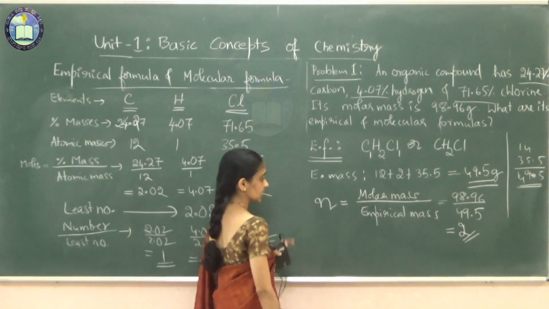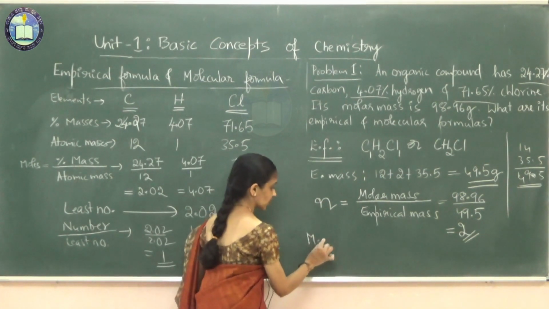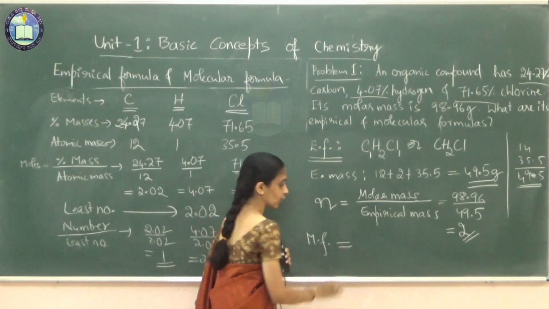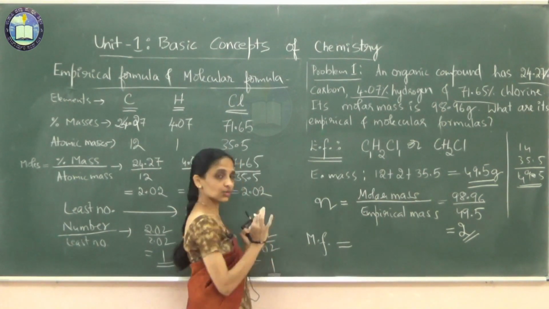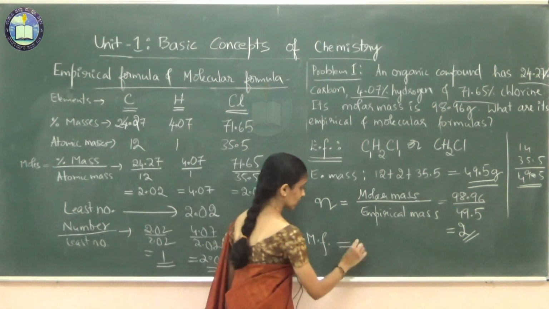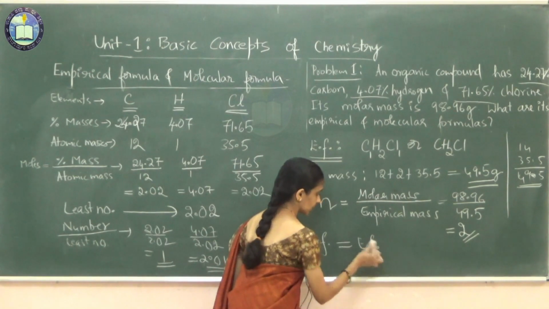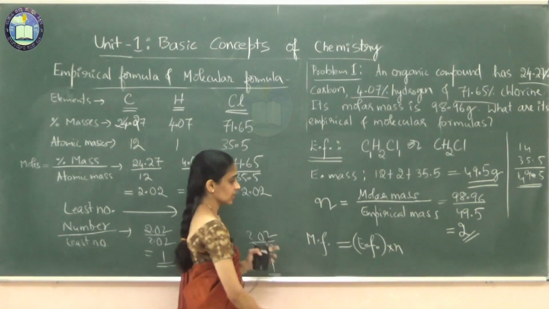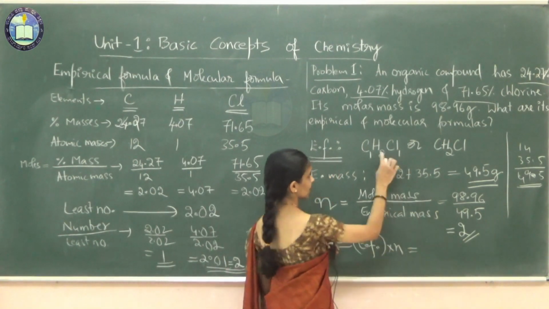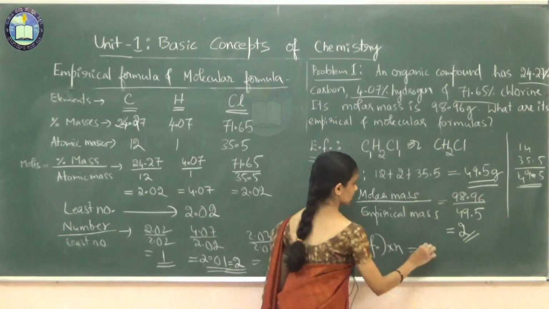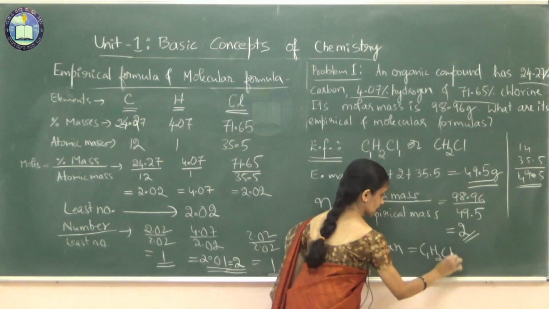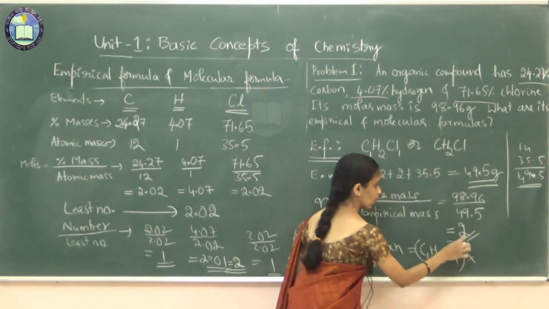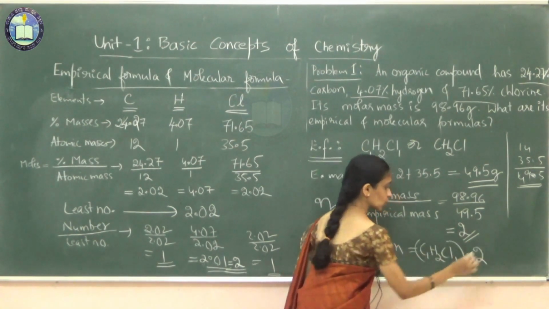Once you get n, then you can find out the molecular formula. How to do it? Molecular formula is equal to empirical formula into n. Empirical formula is here, C1H2Cl1, and the value of n is 2.